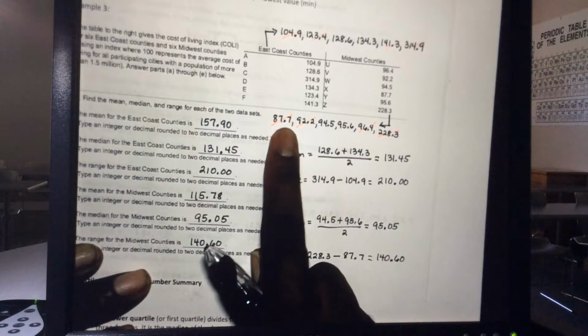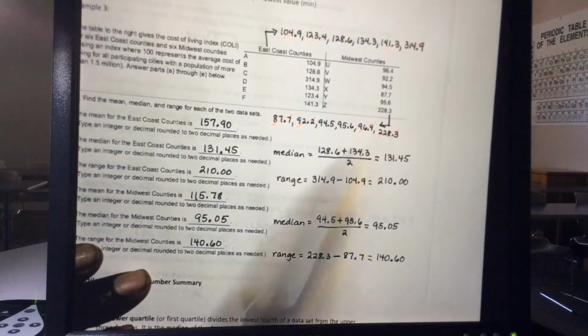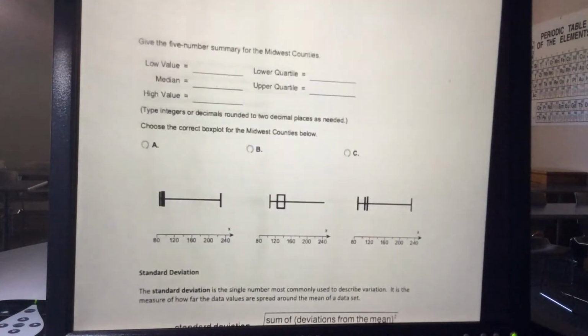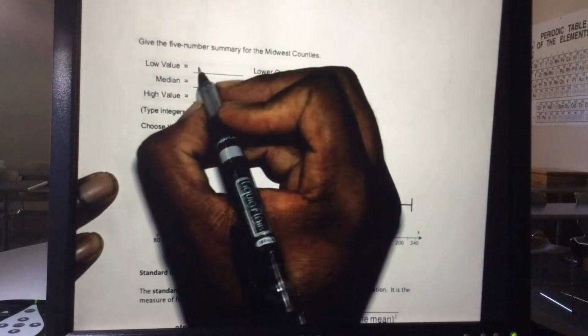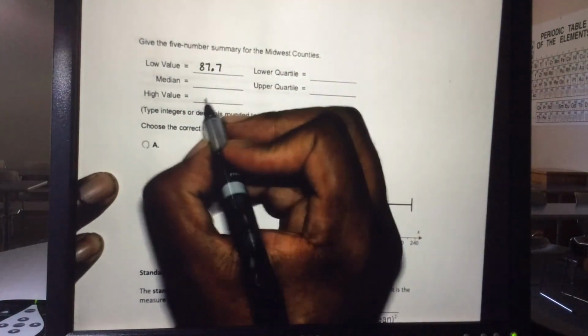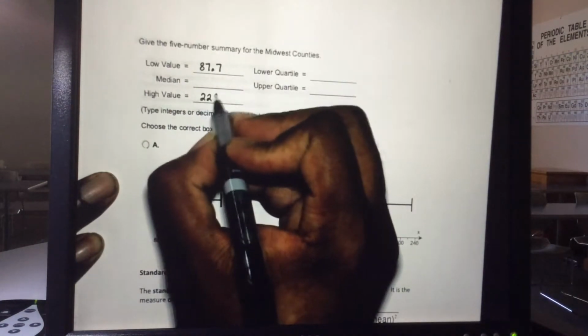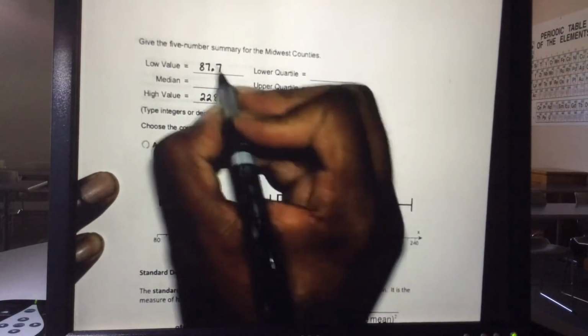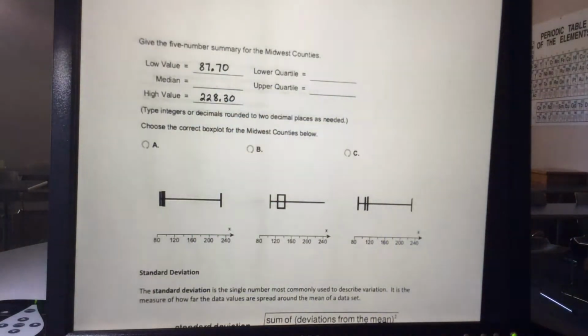The lowest is 87.7 and the highest is 228.3. So I can go ahead and fill in the low value, which was 87.7. And the high value was 228.3. And I do need to put a 0 here because they say 2 decimal places as needed.